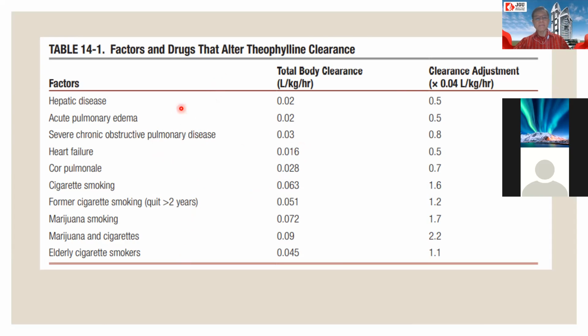Do you know what is cor pulmonale? Cor is for heart. Pulmonale. Actually, cor pulmonale is another term for right-sided heart failure, and right-sided heart failure is normally caused by pulmonary hypertension, so the blood pressure in the pulmonary artery and pulmonary vein is higher.